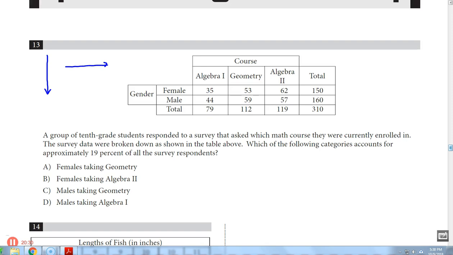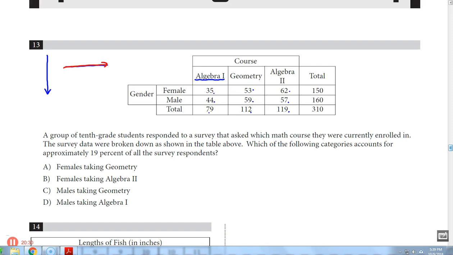So when I just look at the table, let me explain it. In Algebra 1, there were 35 girls, 44 boys, for a total of 79 algebra students. And then going vertically, same thing with geometry, girls, boys, total for geometry. Algebra 2, girls, boys, total for Algebra 2. Now, going horizontally, going across, I could look at just females.